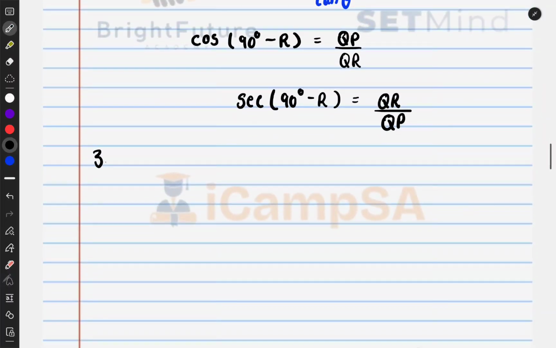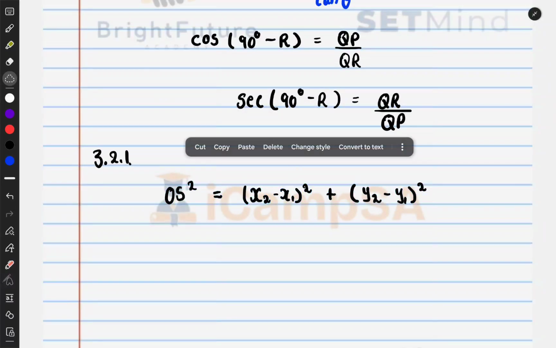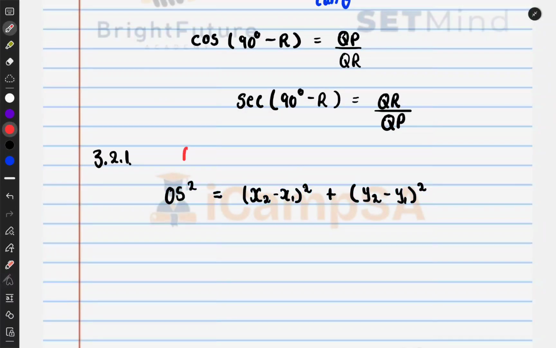So let's quickly do that. 3.2.1: to calculate the length of OS, we're going to use the distance formula, which is the square root of x2 minus x1 squared plus y2 minus y1 squared, and the coordinates we are dealing with are O and S. Let's quickly write them down.